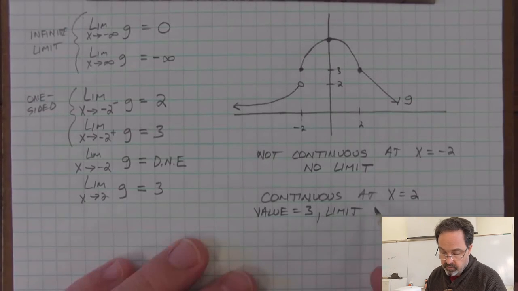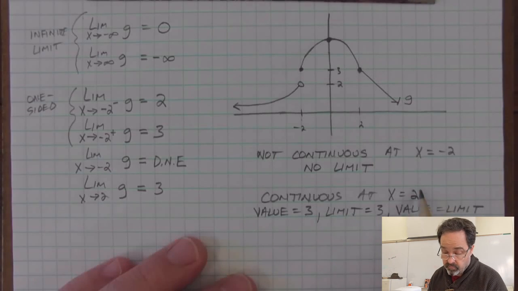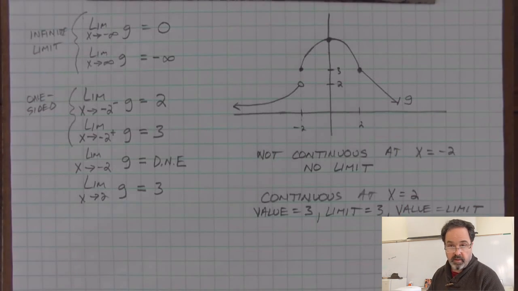The limit as you approach 2 exists and is equal to 3, and the value at 2 is equal to the limit. This is the formal justification of why it is continuous at 2. More on continuity in another lesson.